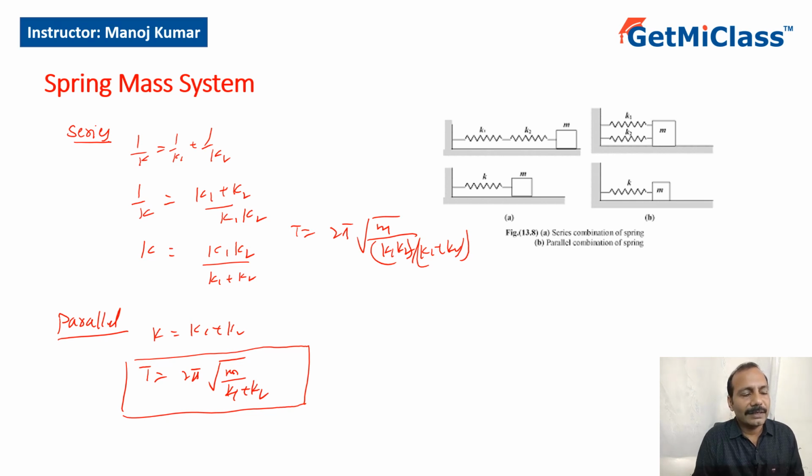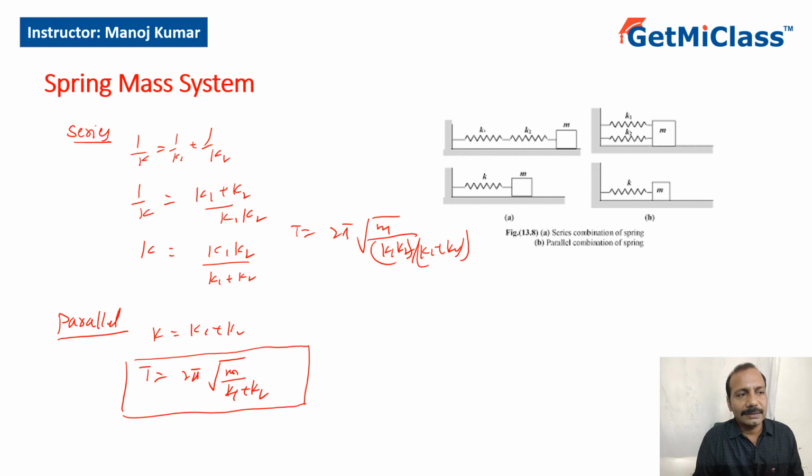So let's have a quick review of what we have done. We have seen what a simple pendulum is, then we derived an expression for the time period of a simple pendulum, which is 2π√(L/g). And we have seen that the length of the simple pendulum is the distance between the point of suspension and the center of mass of the bob. That's why if the position of the center of mass of the bob changes, then the time period changes.